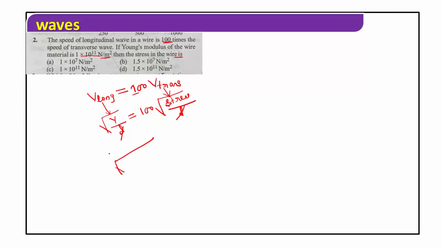The Young's modulus of the wire material is 1 into 10 to the power of 11, so root of 10 to the power of 11 is equal to 100 root of stress.